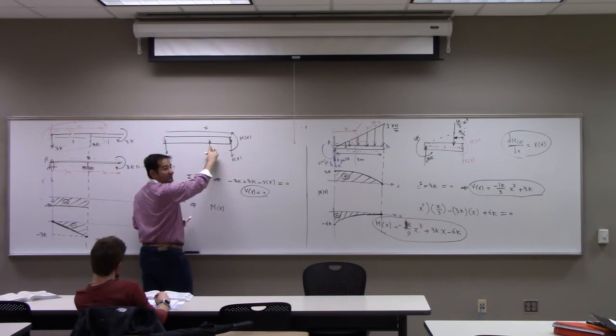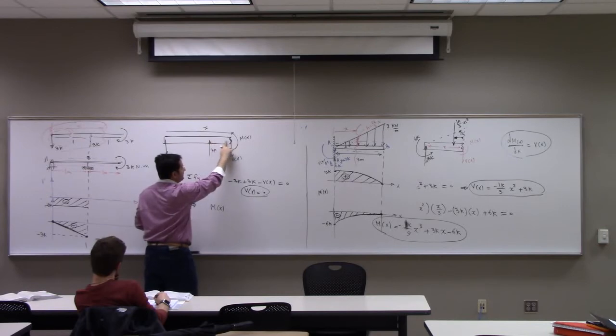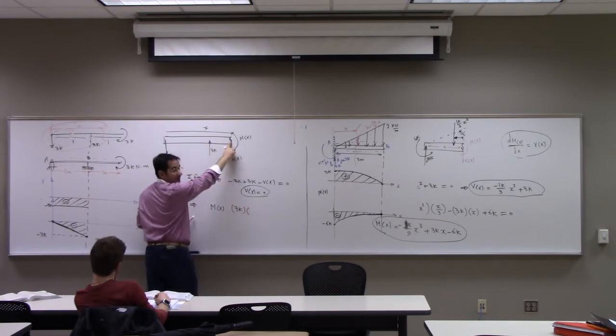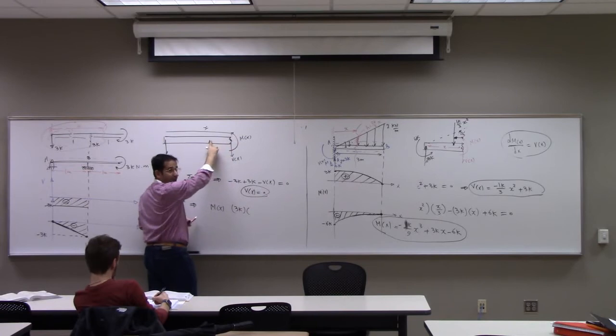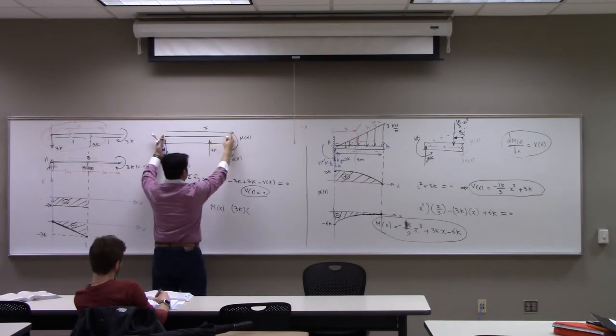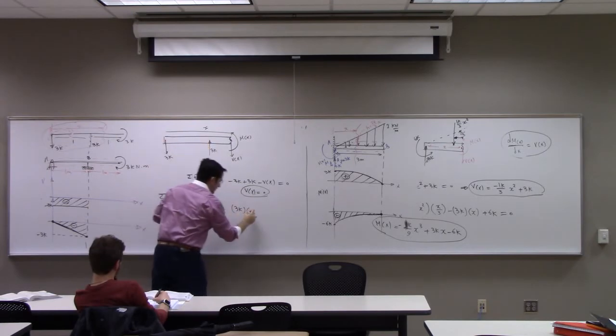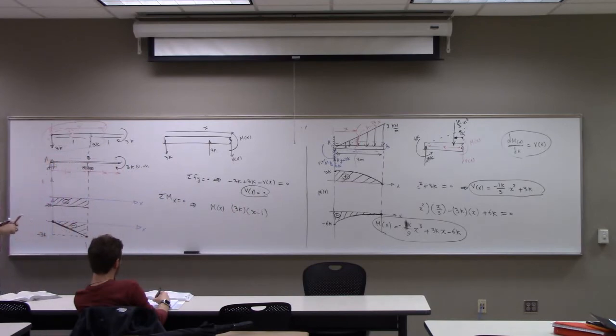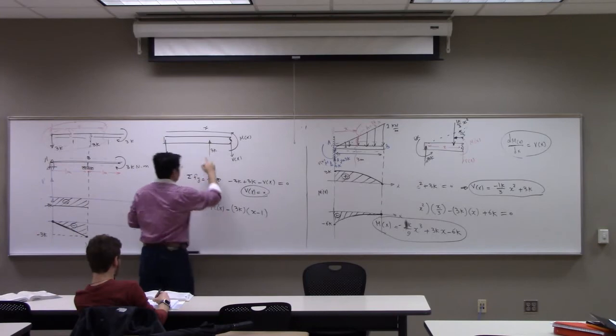So the force is 3K. What's the moment arm from here to here? So you say 3K, the force times moment arm. Moment arm is from the reference point to the point that the force is acting on, which is from here to here, which is x minus 1. 3K times x minus 1, positive or negative? Negative, thank you. So you got rid of that.